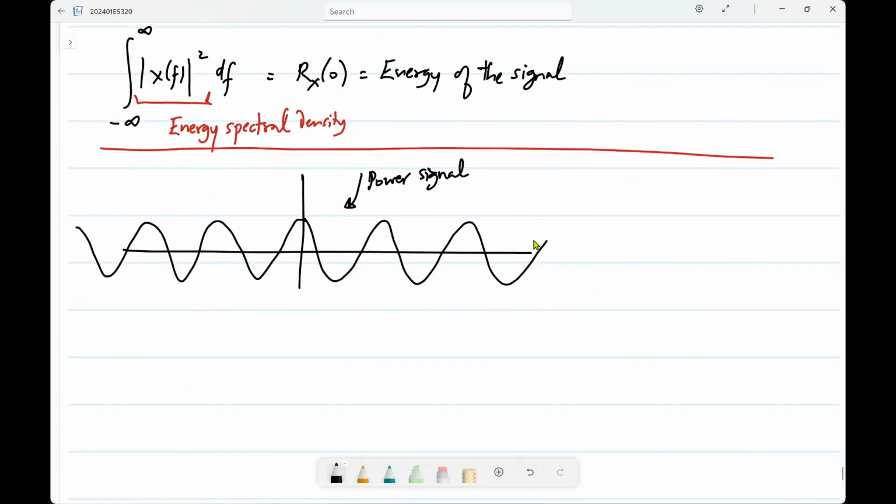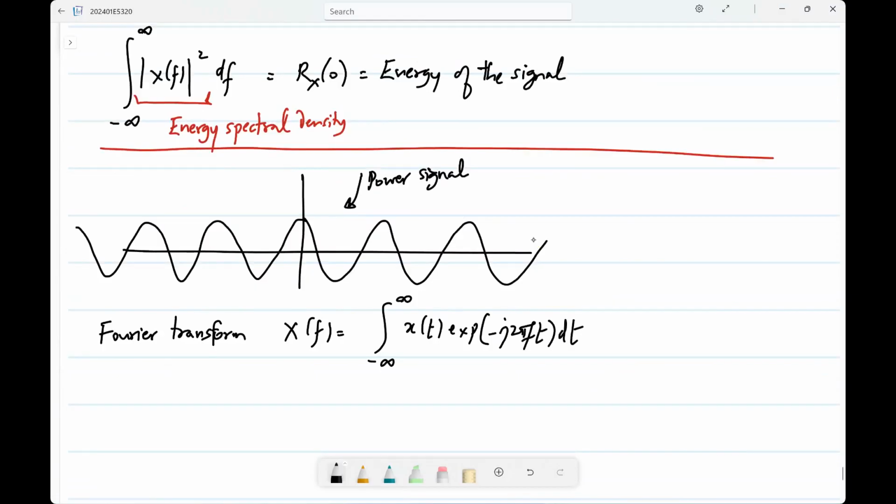Here you modify the definitions slightly. Earlier we had this, which clearly diverges for the kind of power signals that we want to deal with.